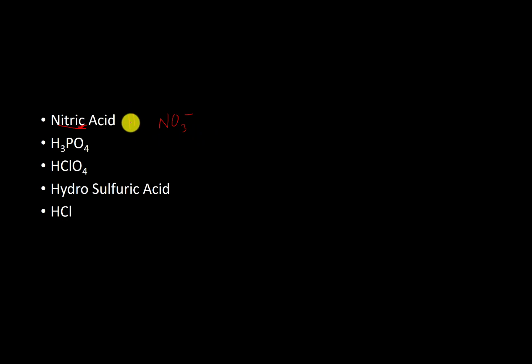And of course, to make it an acid, we've got to put some H's on it, and they come in the form of a positive hydrogen. And so we just put this here, and that comes out to be HNO3.